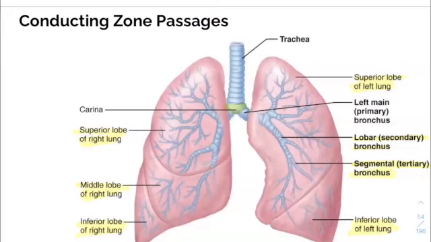Gas exchange doesn't actually happen in the bronchioles. Bronchioles lead to what we're going to get to. We haven't even gotten to where gas exchange actually occurs yet. We're just following the air as it continues to travel down to where gas exchange occurs, because gas exchange occurs in what are called alveoli.